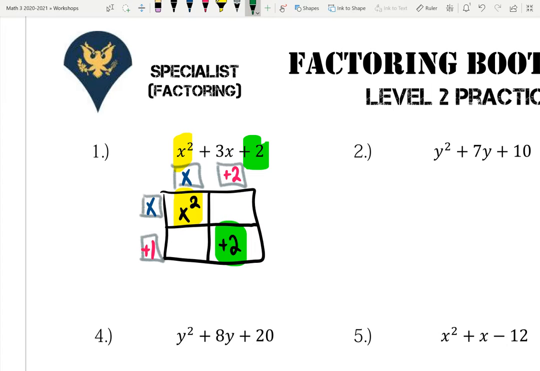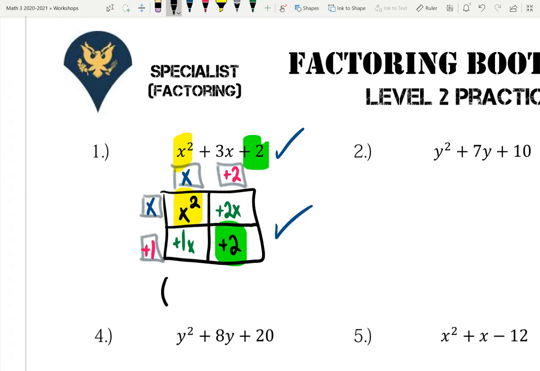X times 1 results in a positive 1x. And here, a positive 2 times x results in a positive 2x. Does my area match the term above? Absolutely it does. X squared and 3x is what I was trying to convert it into.